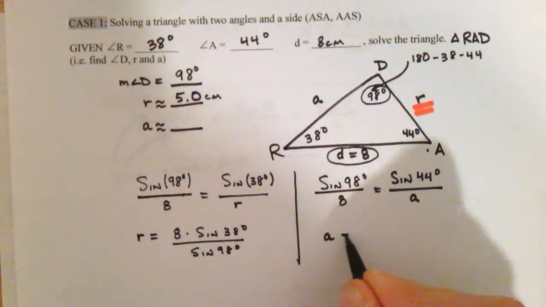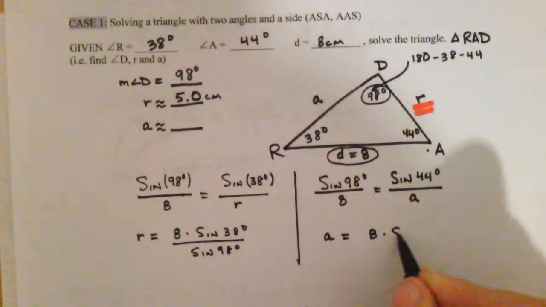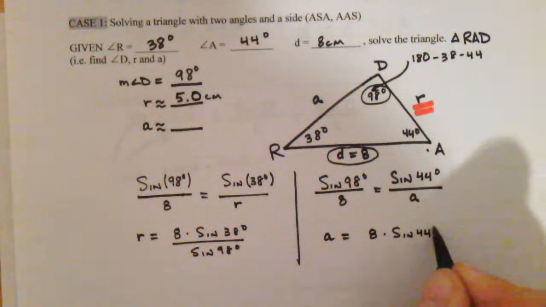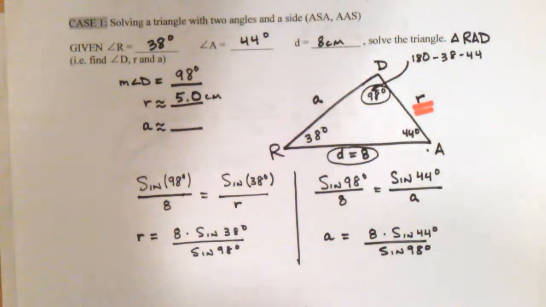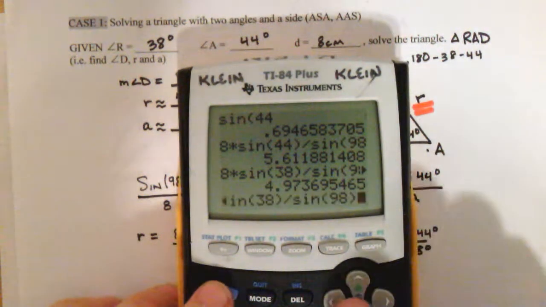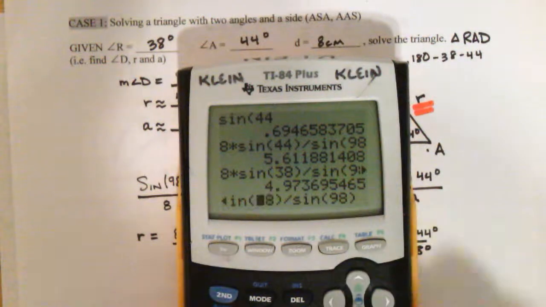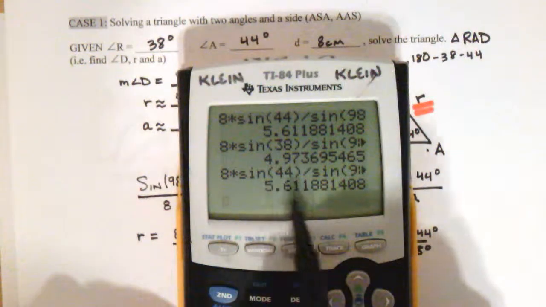You're going to find that A ends up being equal to 8 times the sine of 44 degrees divided by the sine of 98 degrees. Good. You can actually take your calculator and do a second enter and then just edit it to change this 38 degrees to a 44. And there's your answer. Let's call that 5.6.